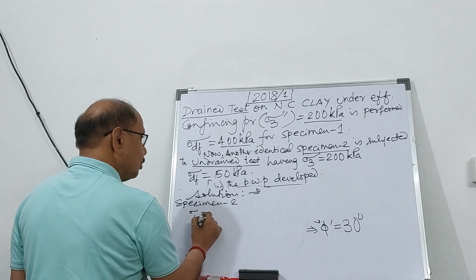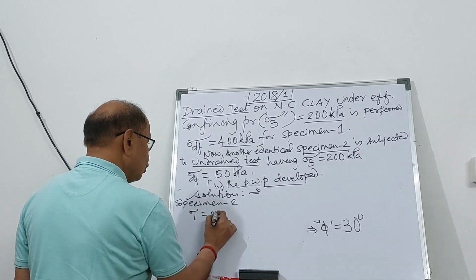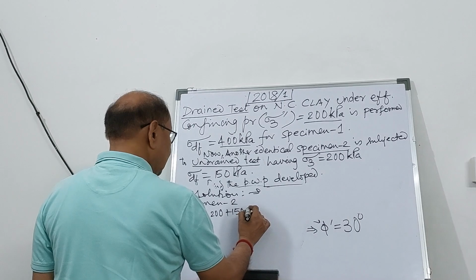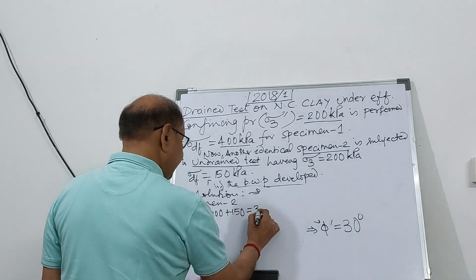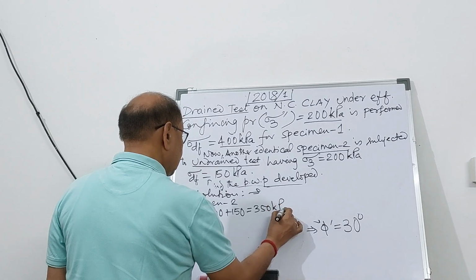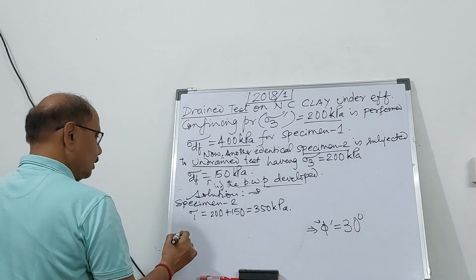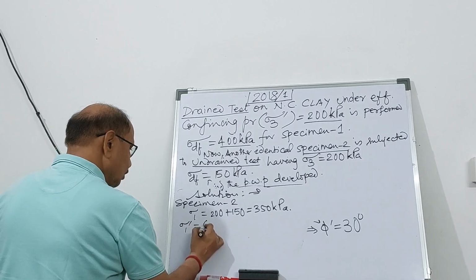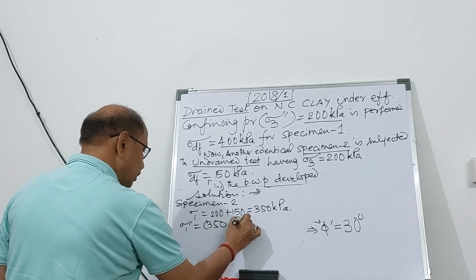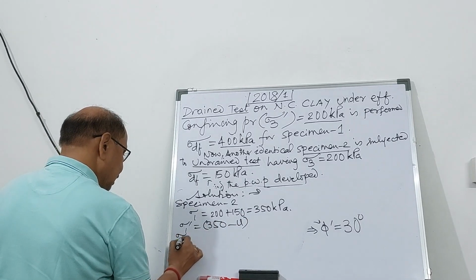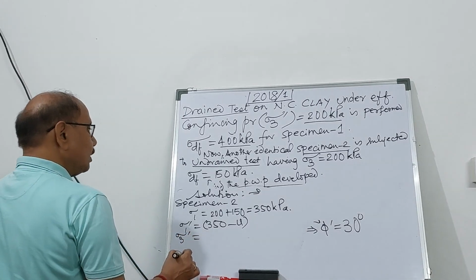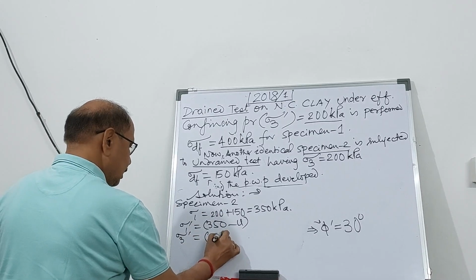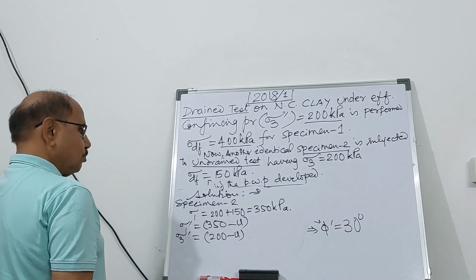So sigma 1 equal to sigma 3 plus sigma d, that is 200 plus 150. Sigma 1 will be 350 kilopascal. Find the pore water pressure. So now sigma 1 prime will be 350 minus pore water pressure, and sigma 3 prime is 200 minus pore water pressure.